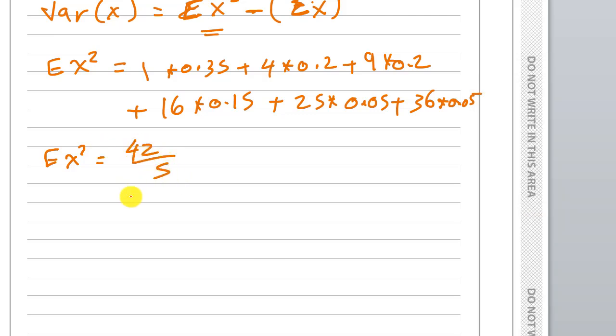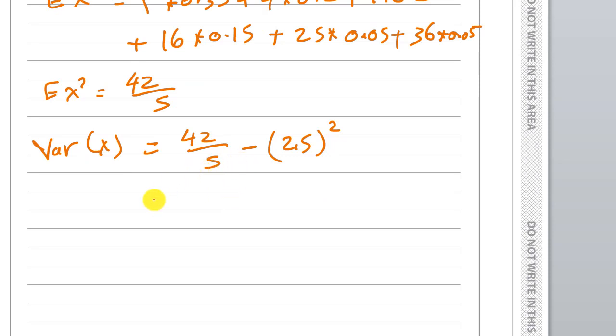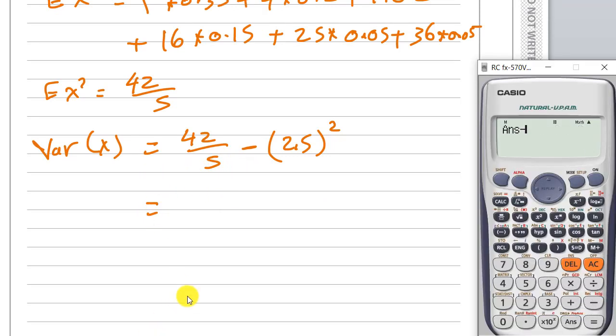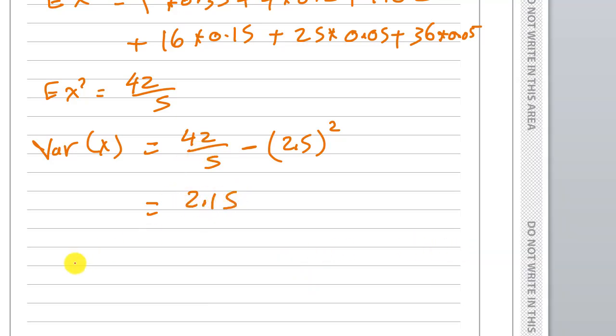So variance X is equal to 42 divided by 5 minus 2.5 squared. So it's equal to 2.15.